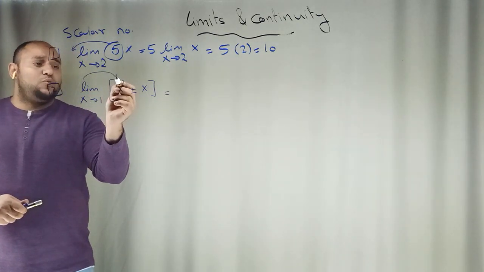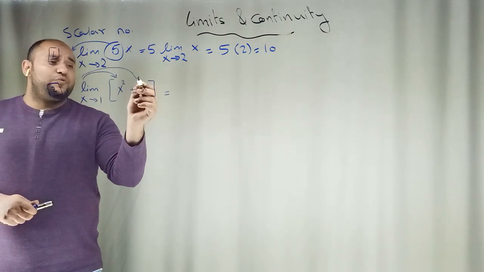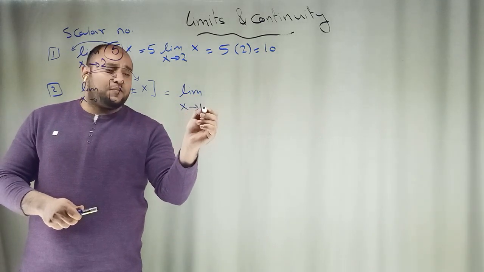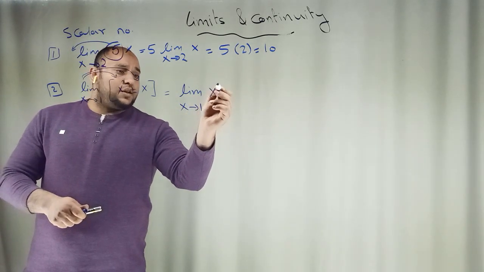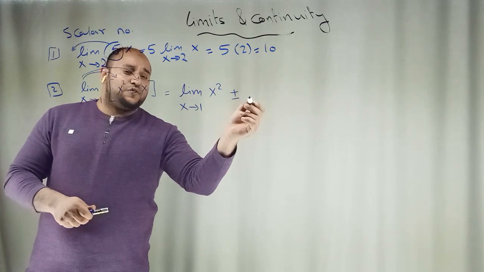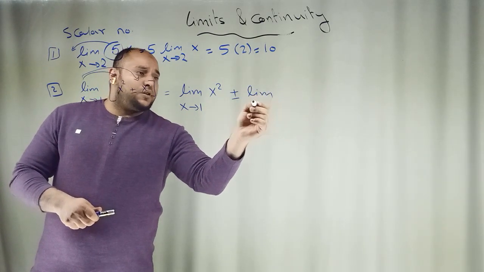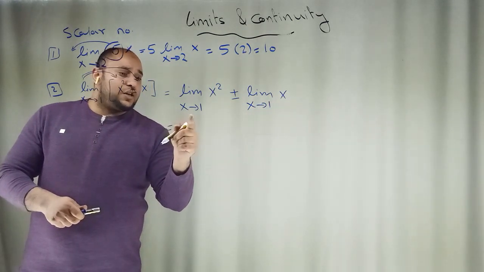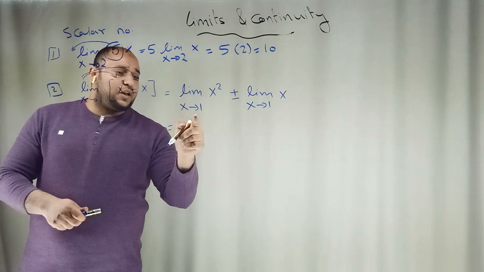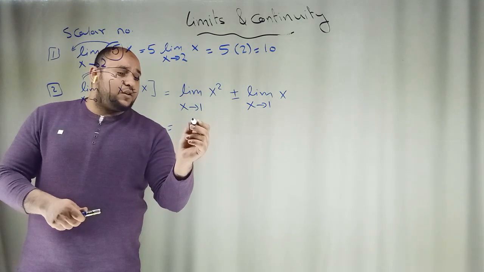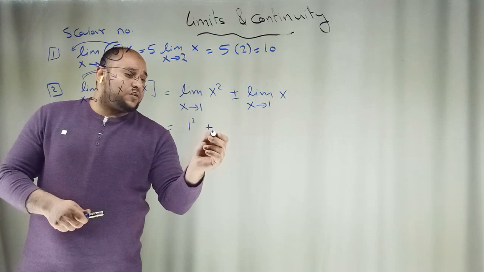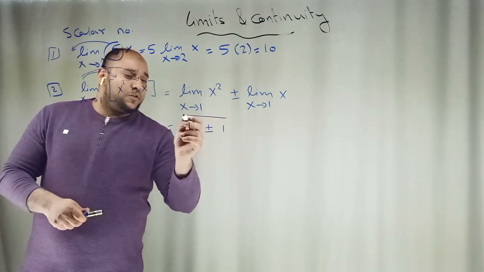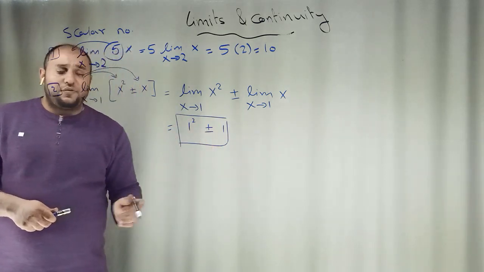This limit can move with the first part and with the second part: the limit as x approaches 1 of x squared, negative or positive, the limit as x approaches 1 of x. Just direct substitution, any x I can replace by 1: 1 squared, positive or negative 1. You can choose any case, positive or negative.